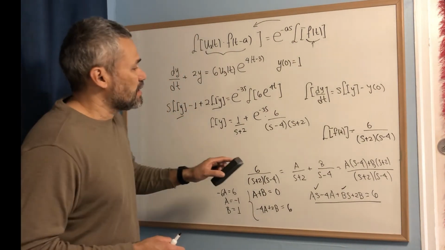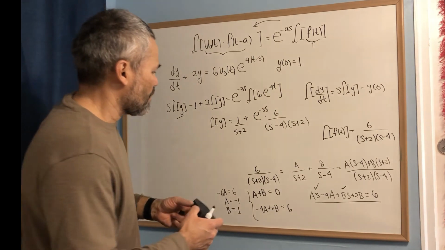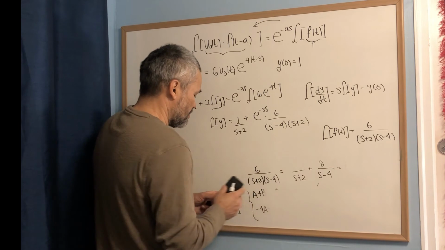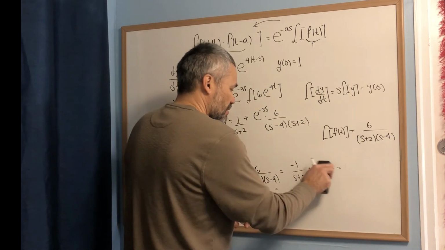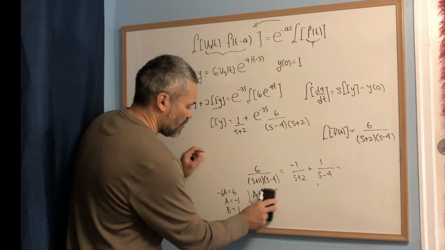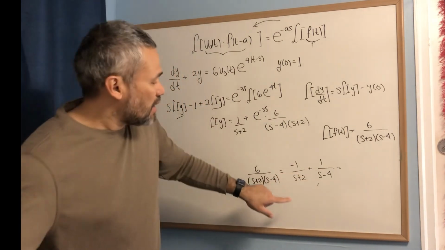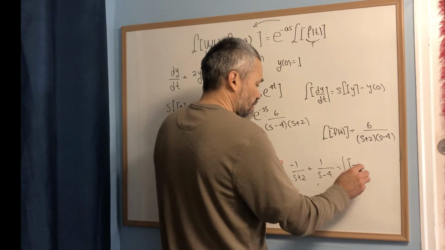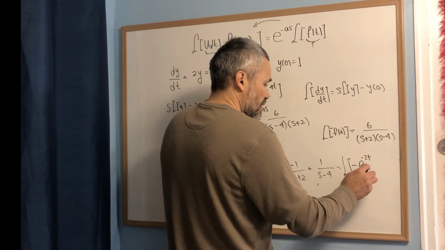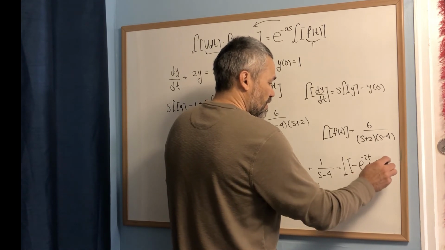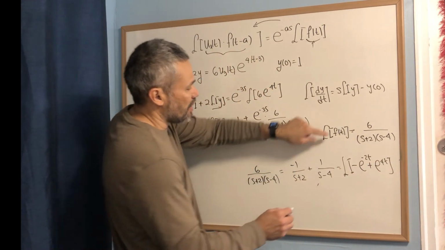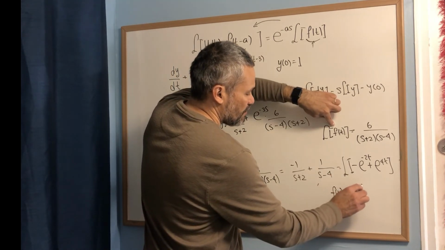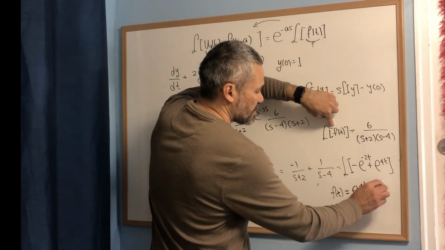That means that this expression is just negative 1 over s plus 2 plus 1 over s minus 4. Right? All of this is just to rewrite. And now we can see that this is the Laplace transform of negative e to the negative 2t plus e to the 4t. Then our function f of t is e to the 4t minus e to the negative 2t.